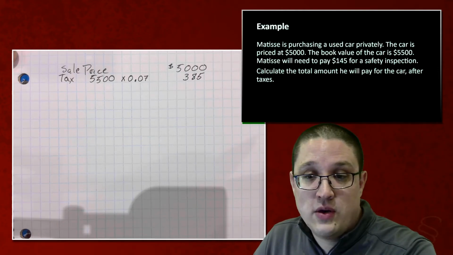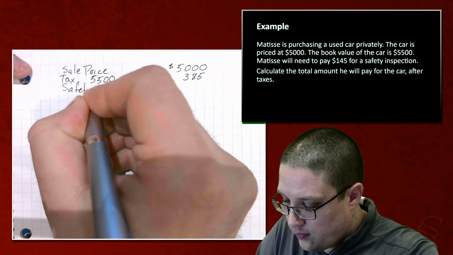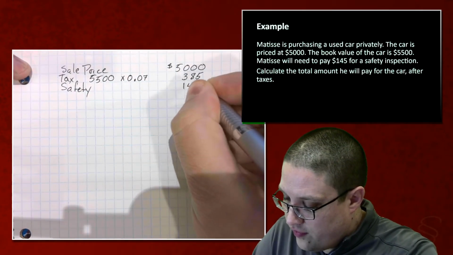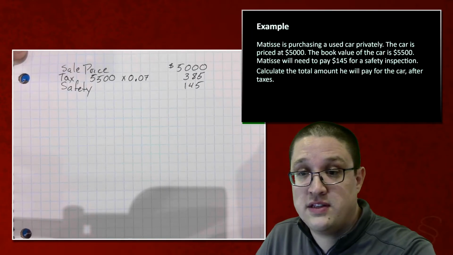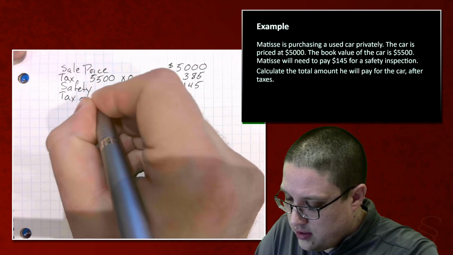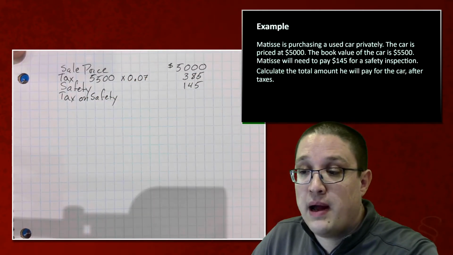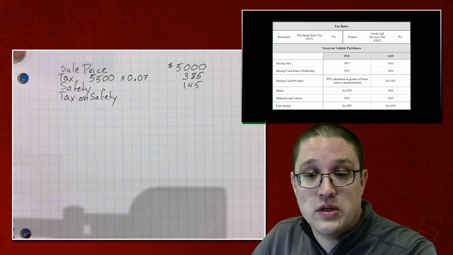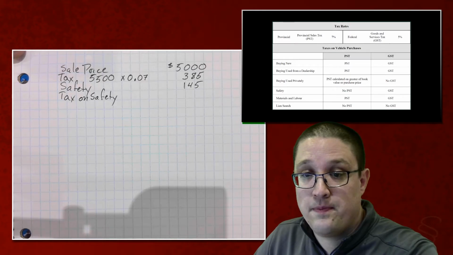Now he also has a safety inspection, which is $145. There is also tax on the safety. If we take a look back at the tax chart here, you can see that a safety has GST only on it.